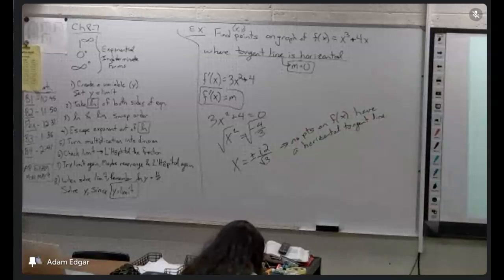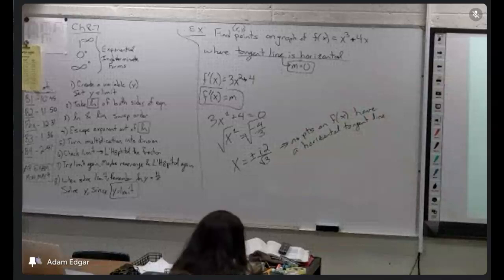And that's just nonsensical. You can't have imaginary points on a graph of a function. So you just stop there and say there are no horizontal tangent lines to f of x for that reason. So that can happen to you.